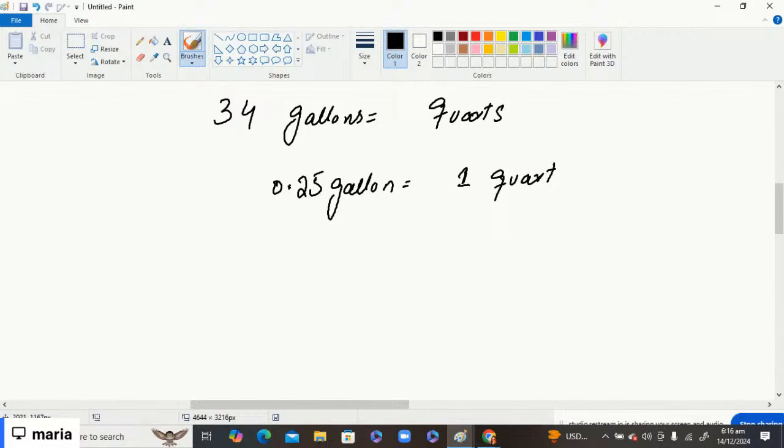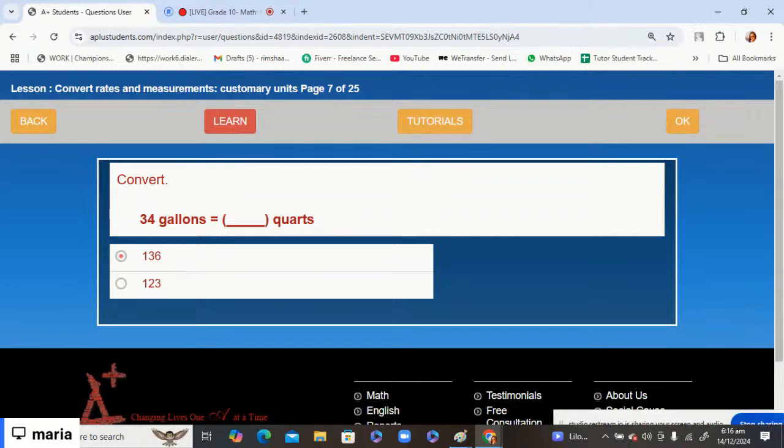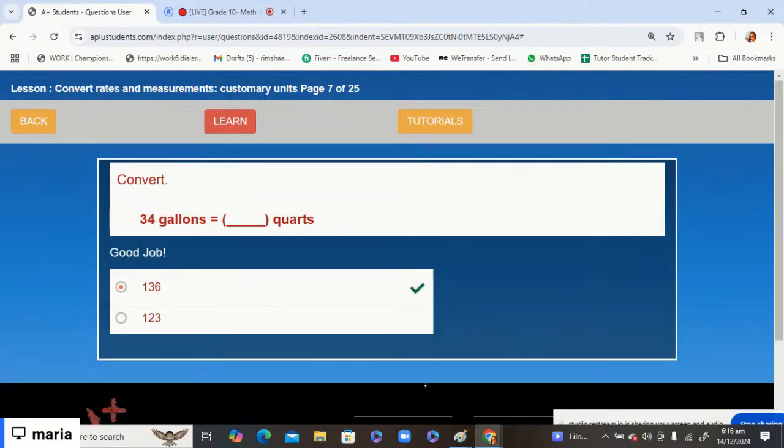And if the question is given like 34 gallons is equal to how many quarts, we are just going to multiply, okay, and you just see the answer, 136.